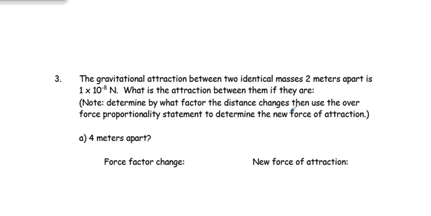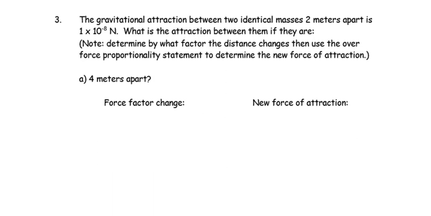looking at this. If the gravitational attraction between 2 masses, 2 meters apart, is 1 times 10 to the minus 8 newtons, what is the attraction between them if we are changing the distance? We're told nothing about masses, so we assume the masses are staying the same. So it goes back to looking at how force compares to distance.